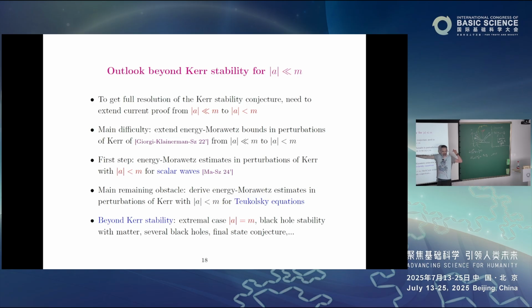In other words, all the papers in the sequel work for large A without any problem, but this paper uses the smallness of A, and it always uses it in a special part. It uses it when you derive certain estimates for the wave equation or Teukolsky equations.